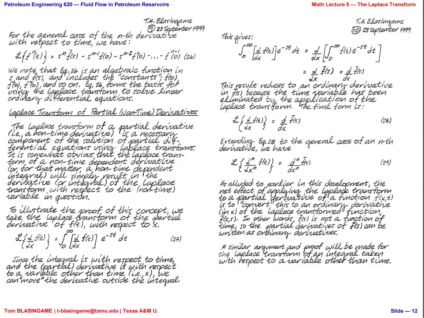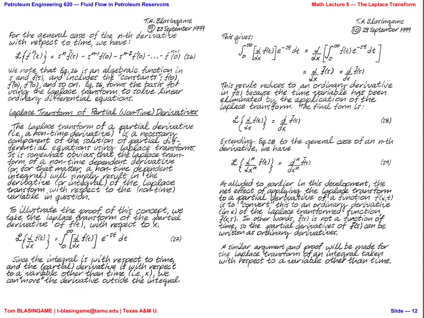And what happens when you want to apply it to a derivative in terms of x? You substitute this in the definition, and since this integral is in terms of dt, you can take the differentiation out of the integral, and you end up with this.